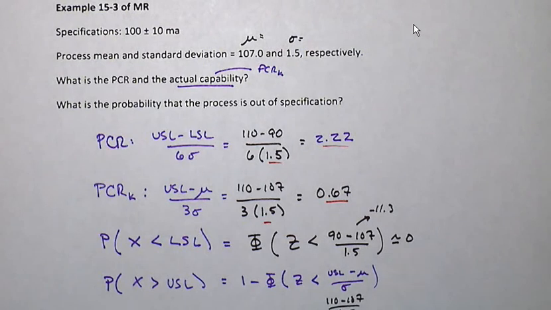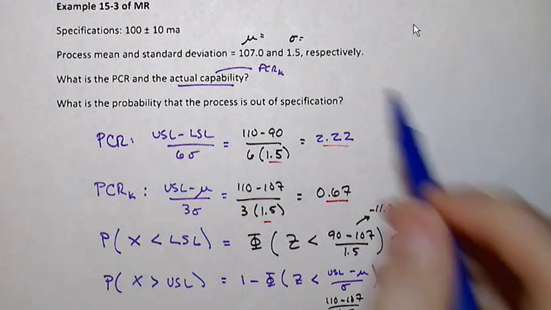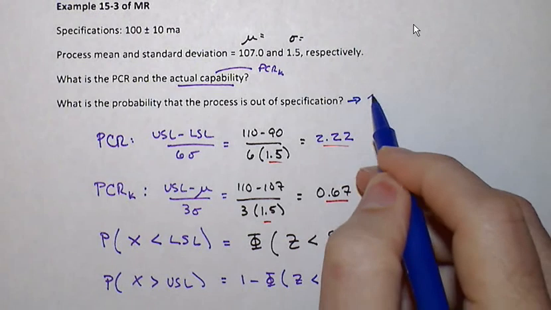So that's 3 divided by 1.5, or of course 2, and the probability that this 1 minus that is going to be 0.023. Right, so there's about a 2% chance that our current is going to be larger than our upper specification limit. So the total aggregate out of spec probability is, you add the 2, of course 1 is essentially 0, so you end up with approximately 2% chance.